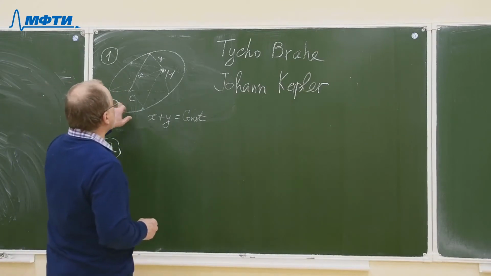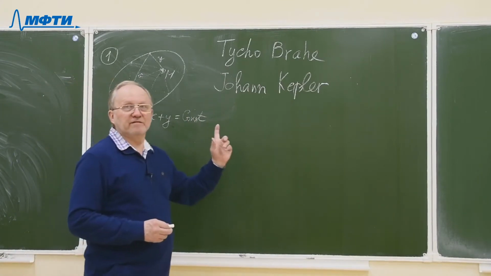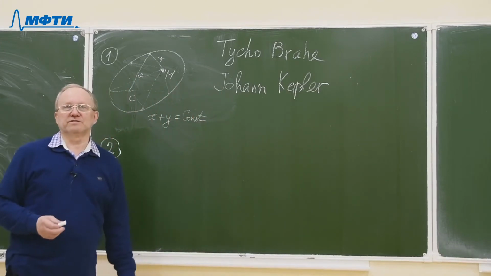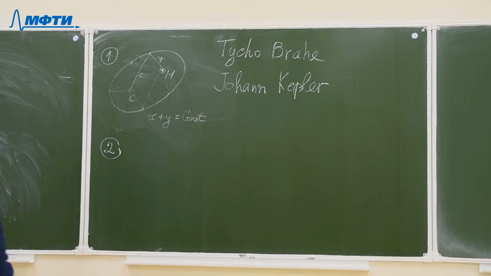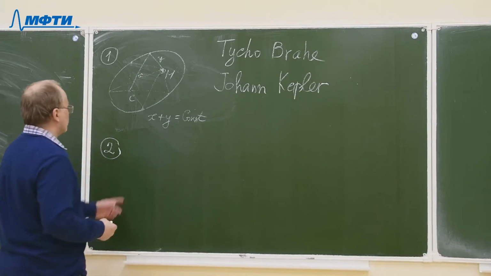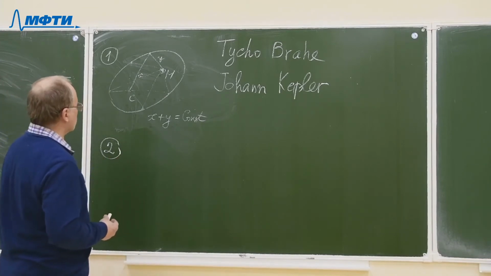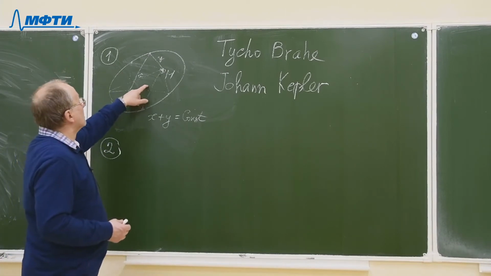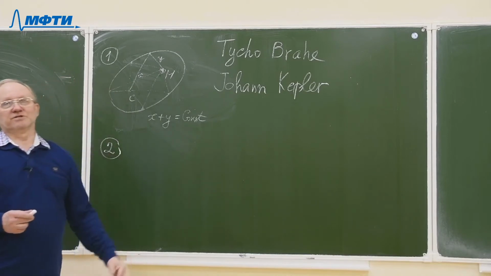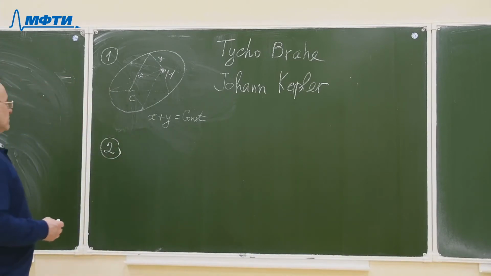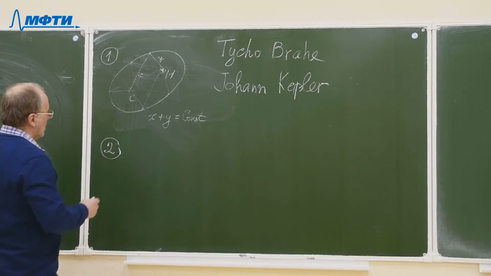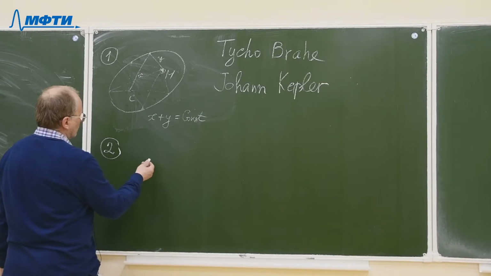So Newton, when he analyzed Kepler's laws, discovered his fourth law, the law of universal gravitation, and using it, he was able to explain the elliptical trajectories of planets. You know what is Newton's law of universal gravitation? How can we use it?